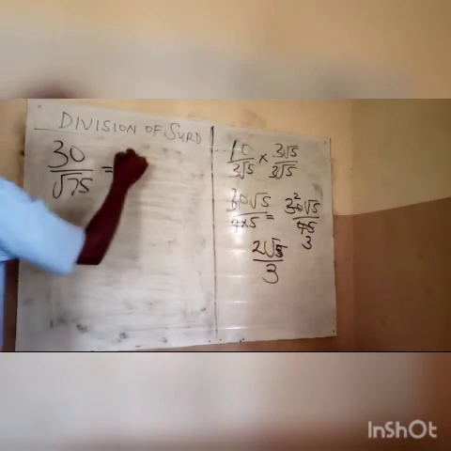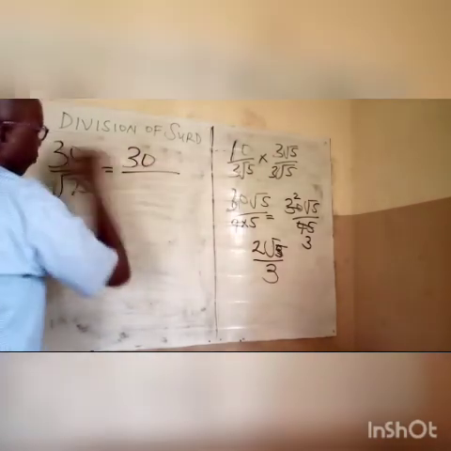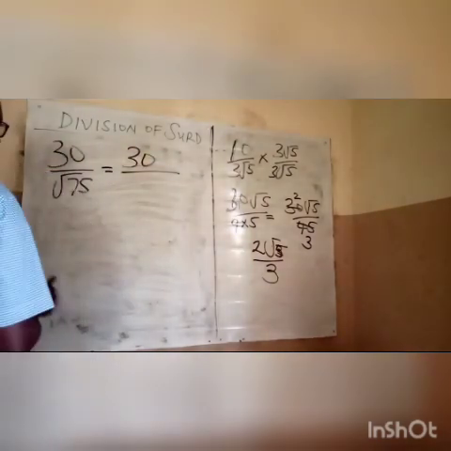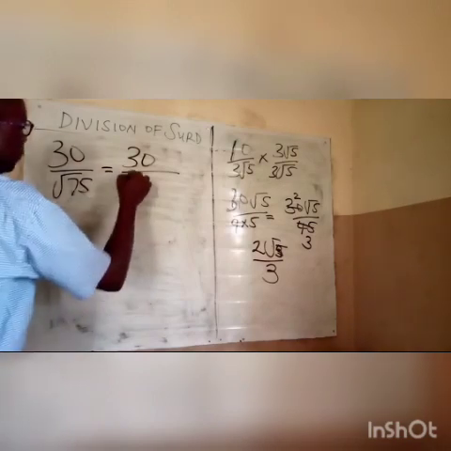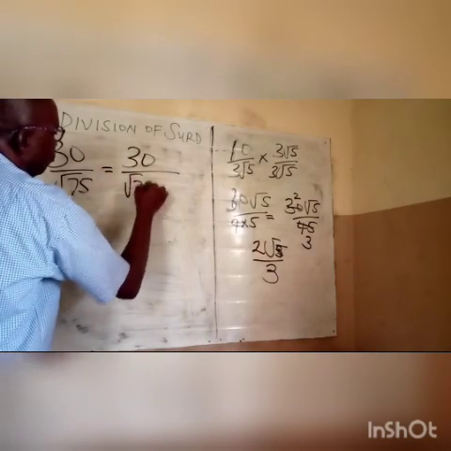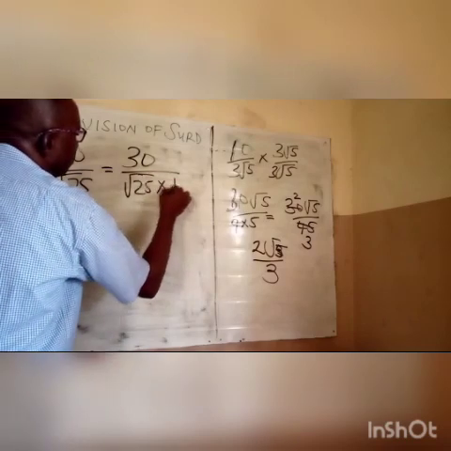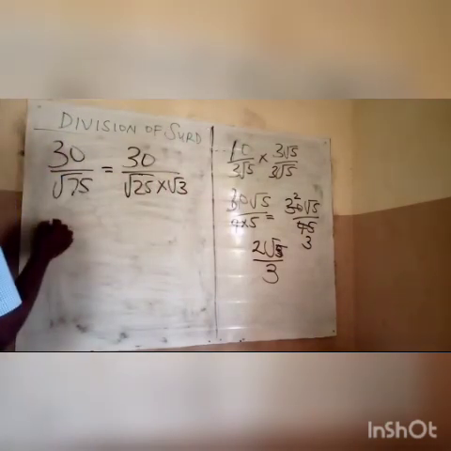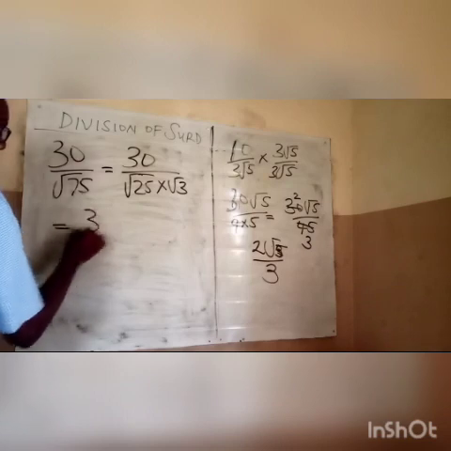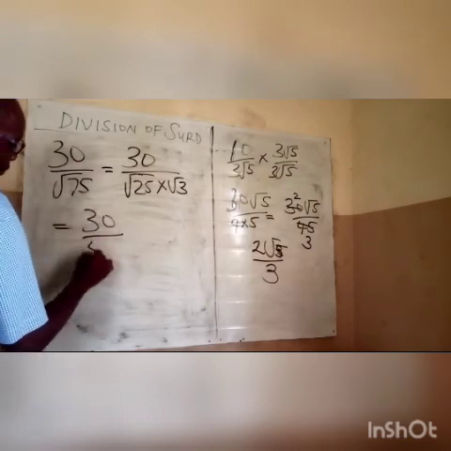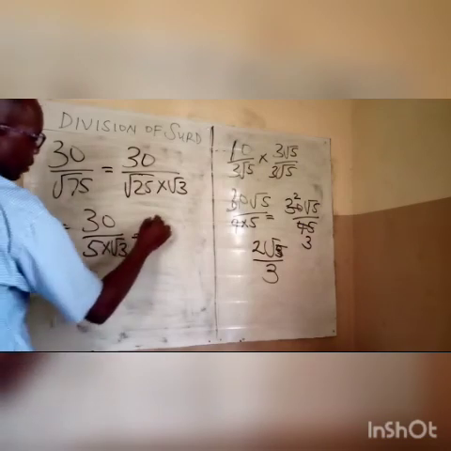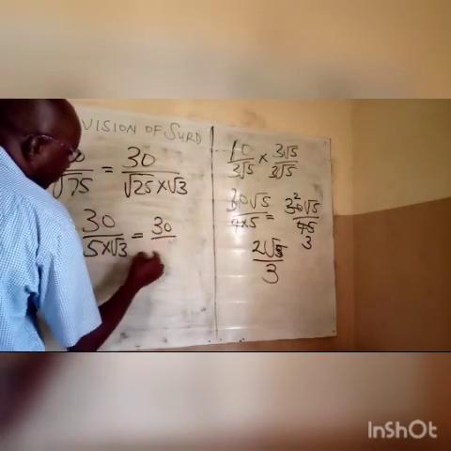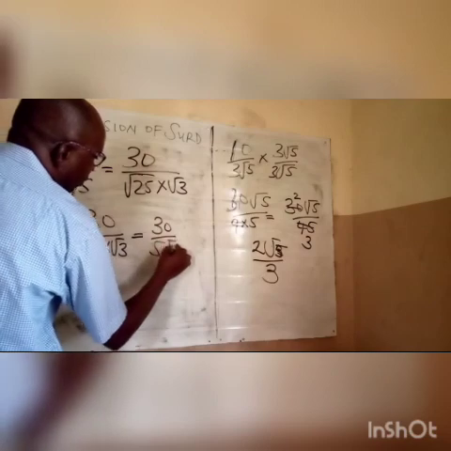To simplify this 30 over root 75, what are two factors of 75 such that one of them is a perfect square? Yes, it will become root 25 times root 3. So you now have 30 over 5 times root 3, which is the same thing as 30 over 5 root 3.